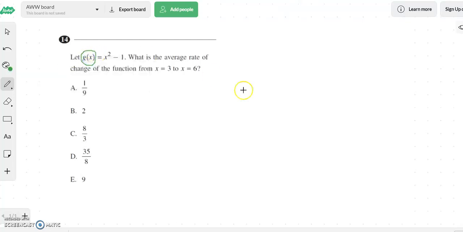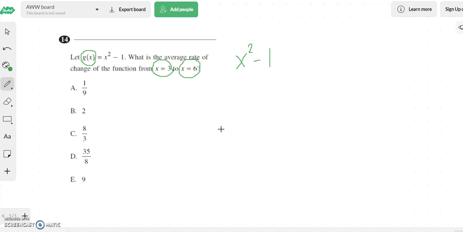And when we see that, sometimes it's very confusing to students, but it means essentially the same thing. And what they've done is they've taken this equation and they want to know the average rate of change if the function goes from this to this.